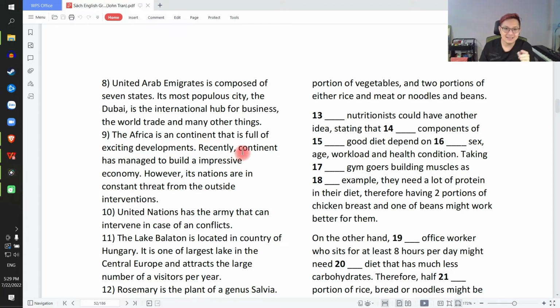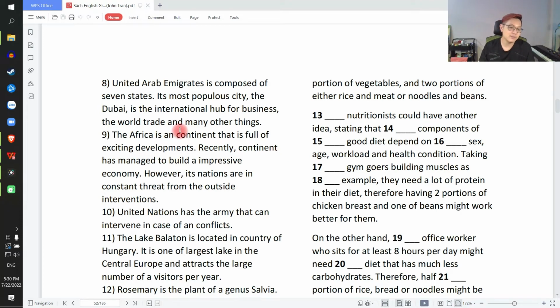Recently, the continent. So the first thing here, so when we talk about a continent, we introduce that new information. So it's a continent here, but here we already know what continent we're talking about. So it received a definite article, the here, the continent.